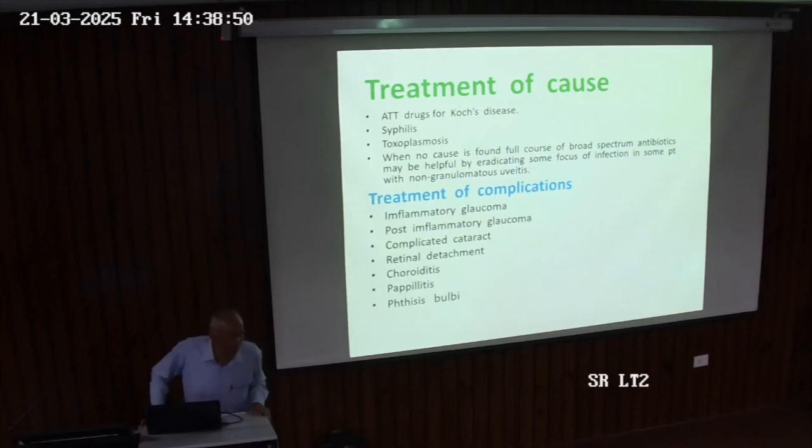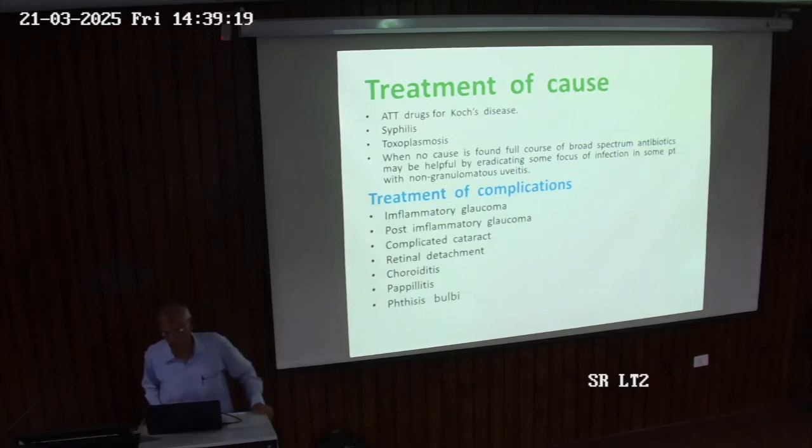So now we have known what are the signs and symptoms, what is the investigation, what is the differential diagnosis, how to treat that, and what are the complications and how to treat the complications. With this, that finishes your uveitis part, from the embryology to the last complications we have covered.